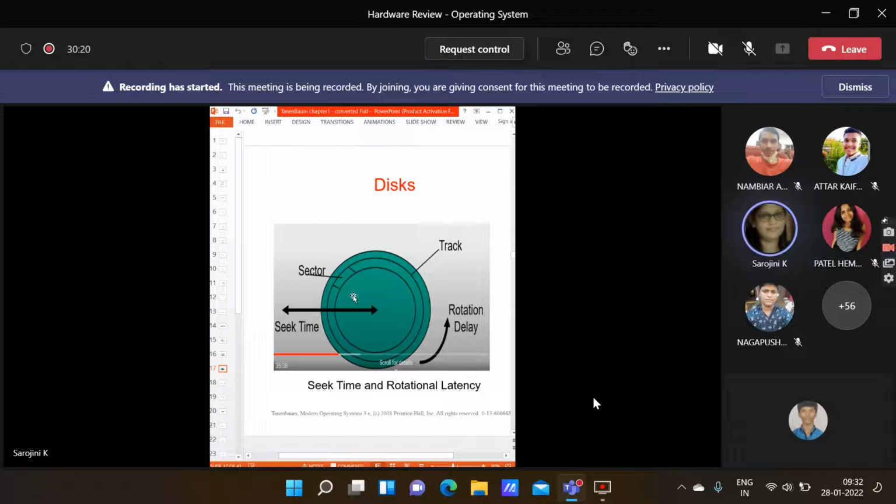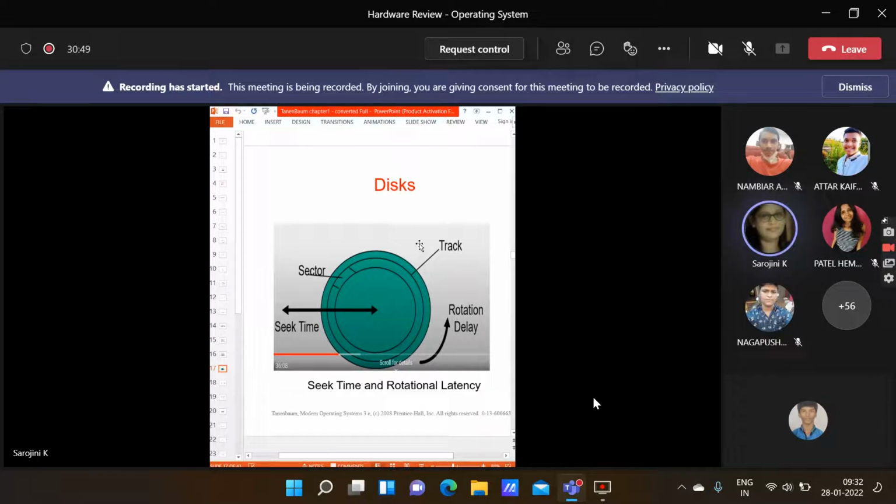I have to first move the read-write head to the appropriate track. Which track? Track number 10. Currently where is it? Track number 18. So first I have to position the appropriate track, and then I have to position the appropriate sector.